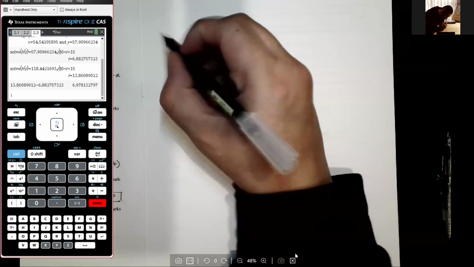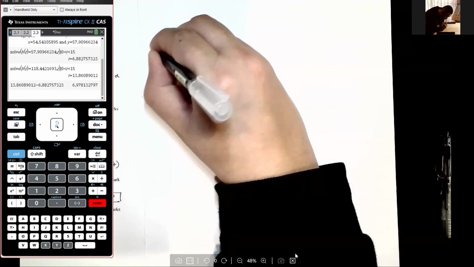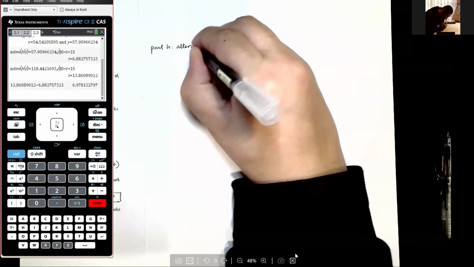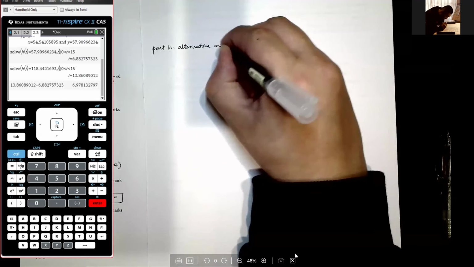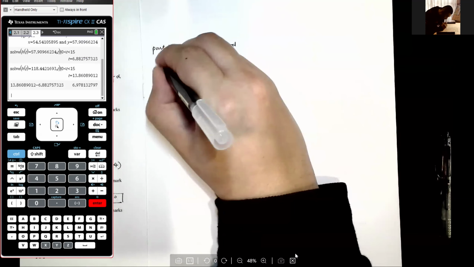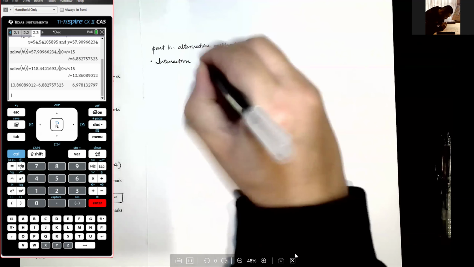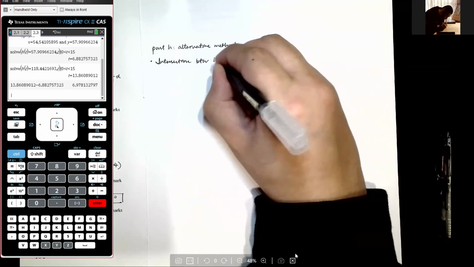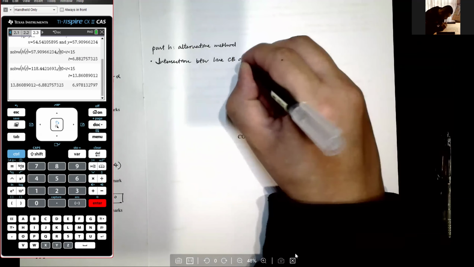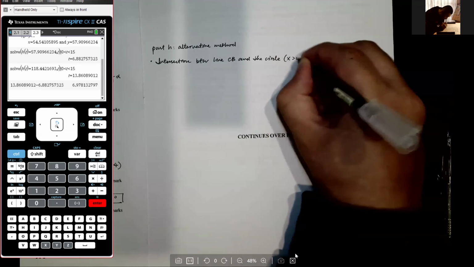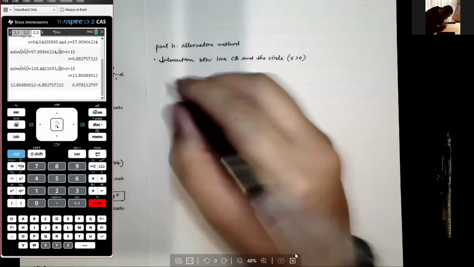So quickly outline the solution here. Intersection between line CB and a circle.